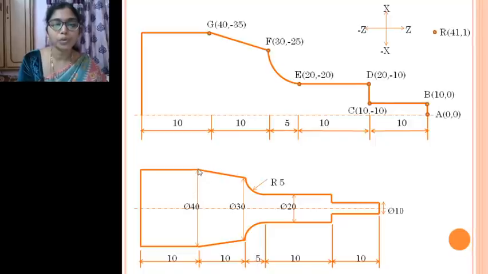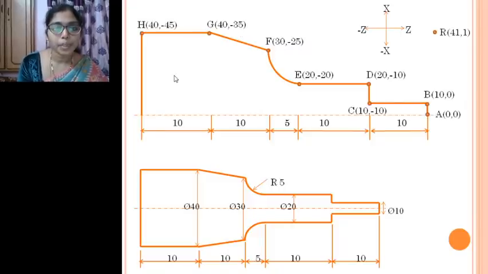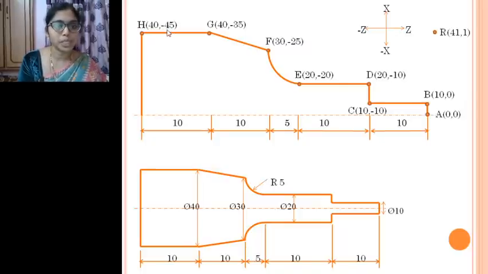So we have moved to this point. So minus 35 is the coordinate. And the next coordinate, which is H, I am defining it as 40 and minus 45. So 40 is the diameter, final diameter. It has to come to this point.